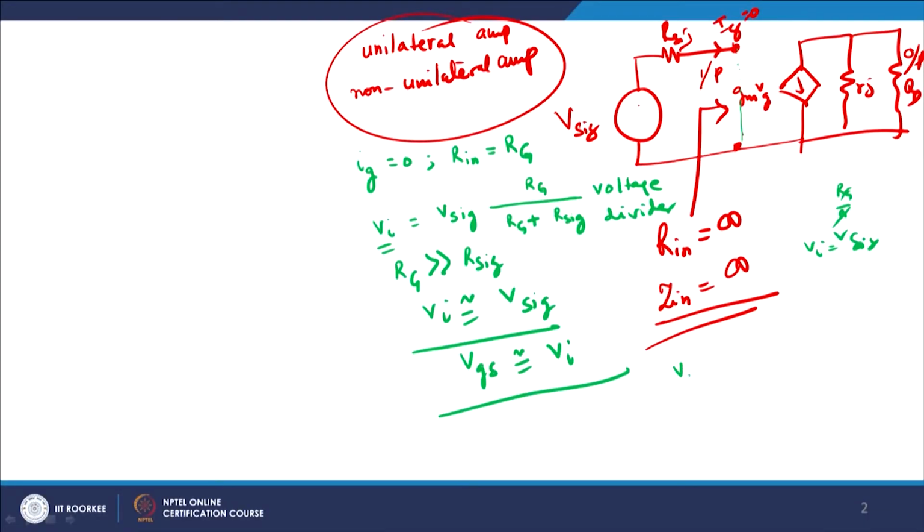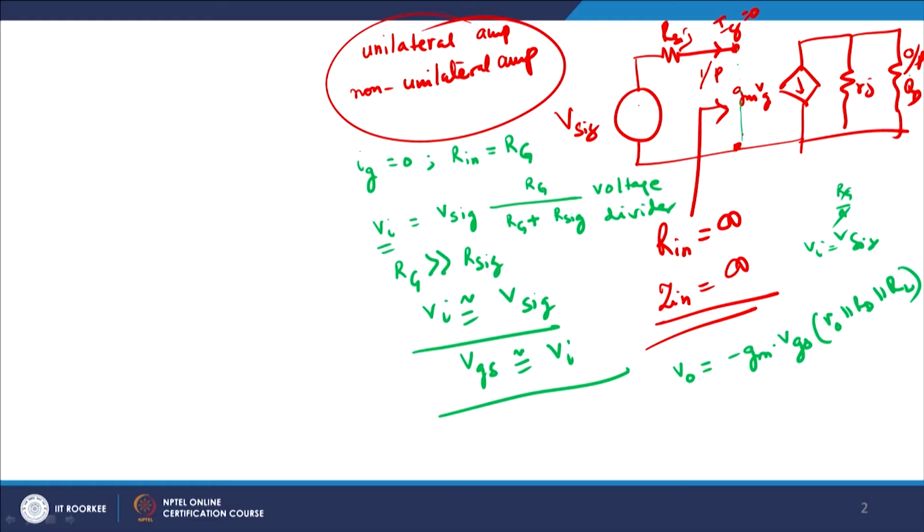With this knowledge, if you remember from our previous discussion, the voltage gain AV was equal to Gm times Rd. Let me see how it works out. Suppose I want to find out VO, the output voltage, then it will be minus Gm times Vgs times Ro parallel to Rd parallel to RL.